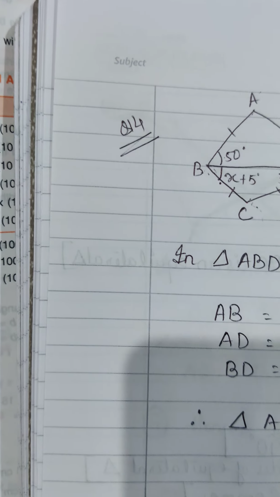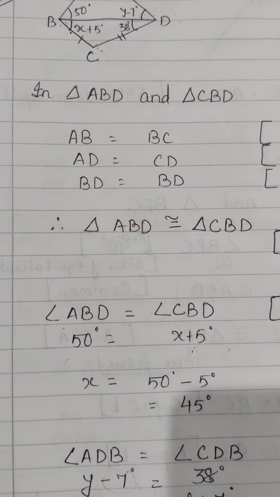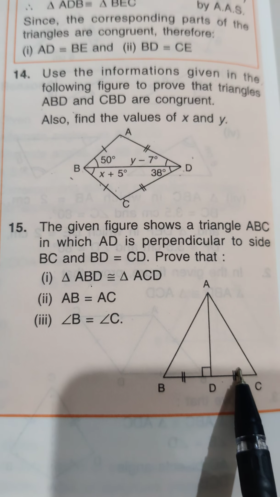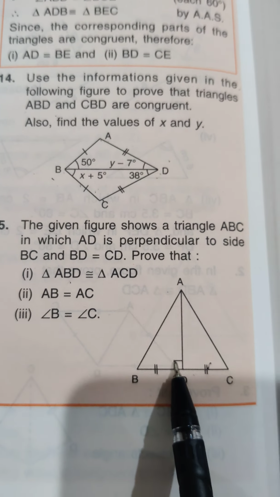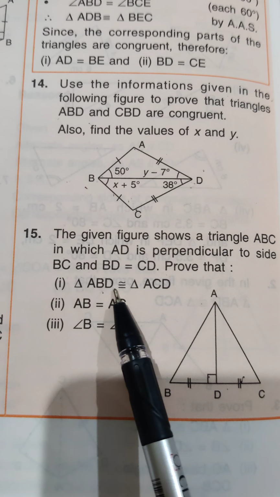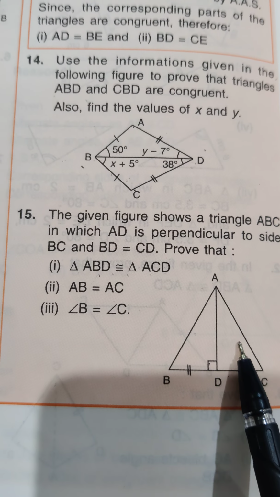This was question number 14 of your exercise 19. Question number 15 says that this is the given figure to us and AD is actually perpendicular. Okay, so we have to prove that triangle ABD is congruent to triangle ACD. That is, this triangle and this triangle are congruent.